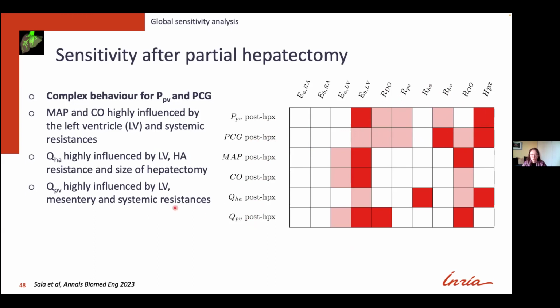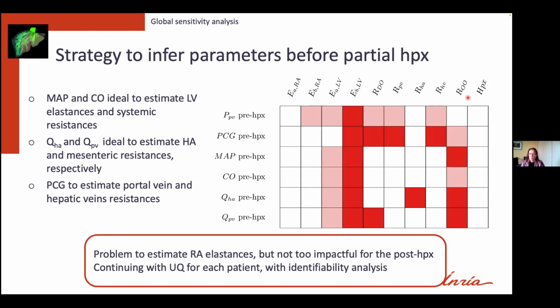And then there are other interesting factors. But this raises the question: if they're quite sensitive to all these parameters, how can we identify all these parameters with the preoperative measurements?